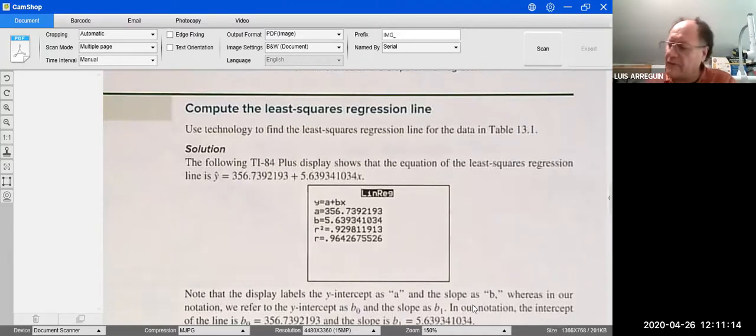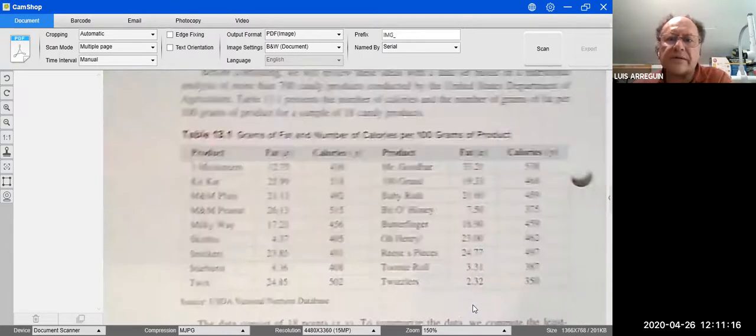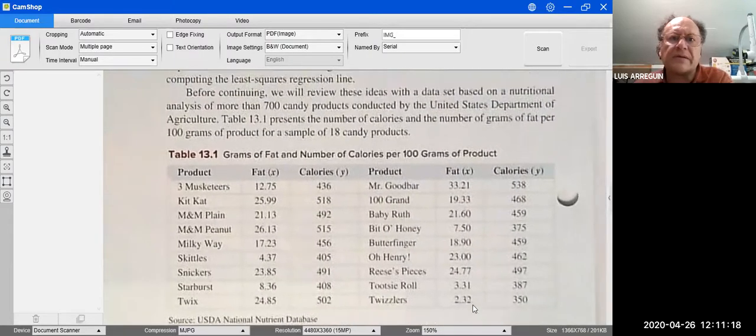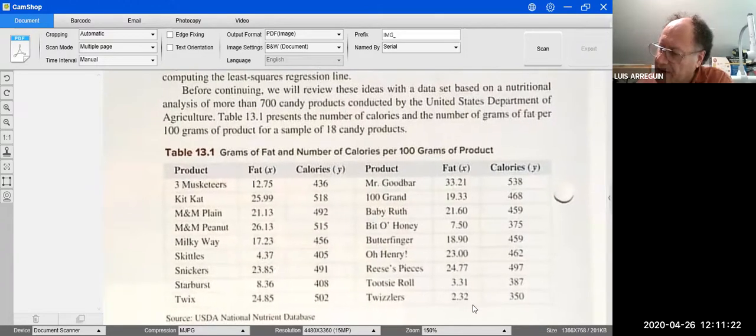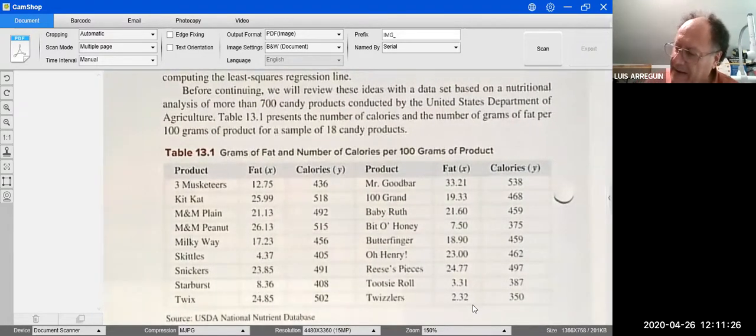So table 13.1 is about a data set based on nutritional analysis of more than 700 candy products conducted by the United States Department of Agriculture. Table 13.1 presents the number of calories and the number of grams of fat per 100 grams of product for a sample of 18 candy products.